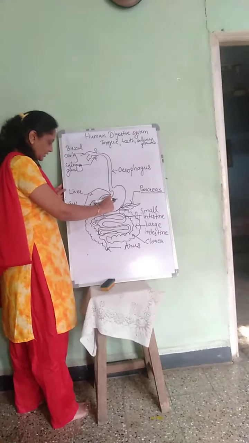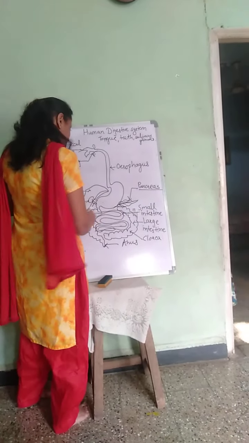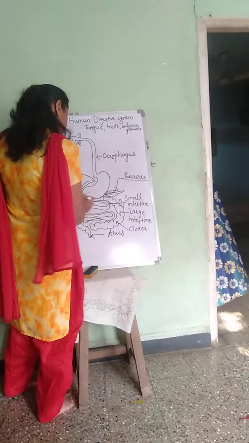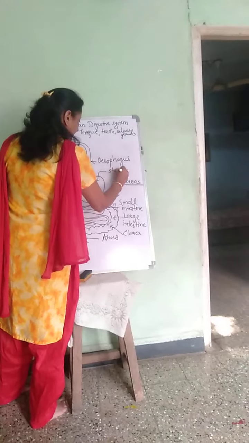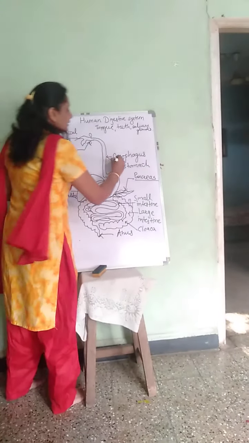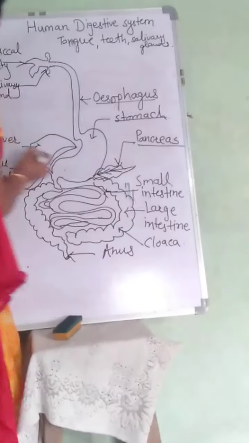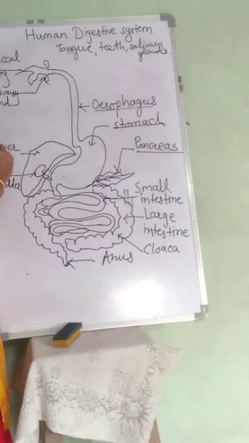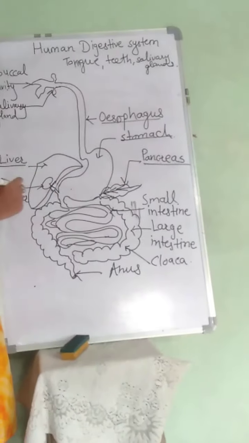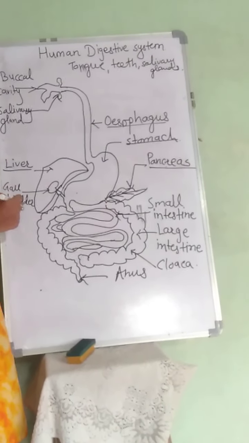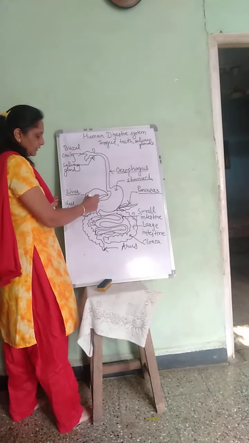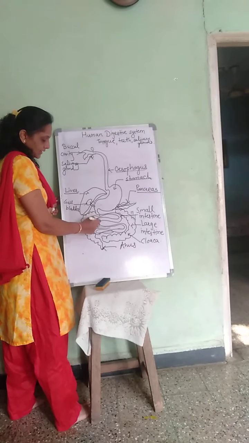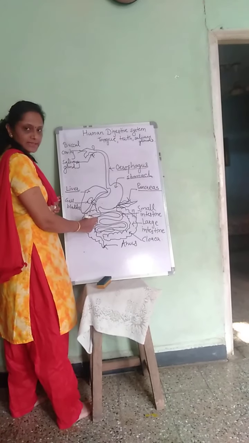Then the J-shaped organ called the stomach is connected with two glands, the liver and the pancreas. The liver has a small pouch-like structure called the gallbladder inside it, which secretes its secretion into the small intestine.